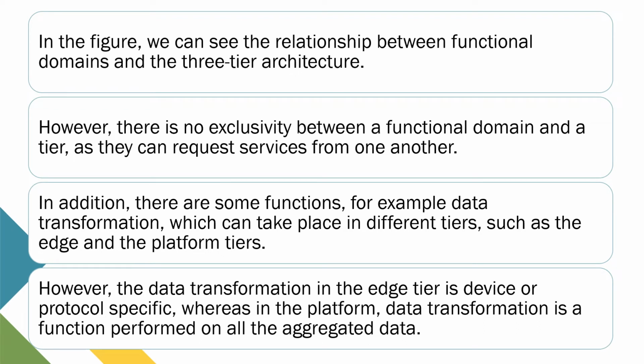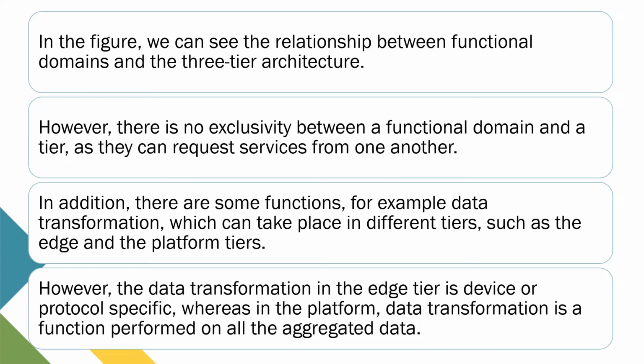It can also be from platform tier to the enterprise tier, and enterprise tier to the edge tier. But from enterprise tier, usually the platform tier will be the mediator in between these two tiers. So the data transformation in the edge tier is device or protocol specific.